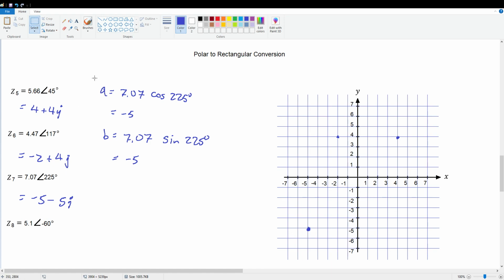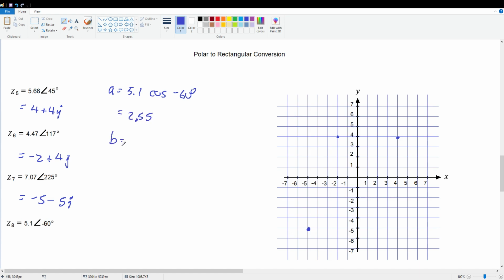Okay, so let's clear the boards. And we've got Z8. A is equal to 5.1 times the cosine of negative 60 degrees. Pulling up our calculator, 60 cosine is 0.5 times 5.1 is 2.55 approximately.